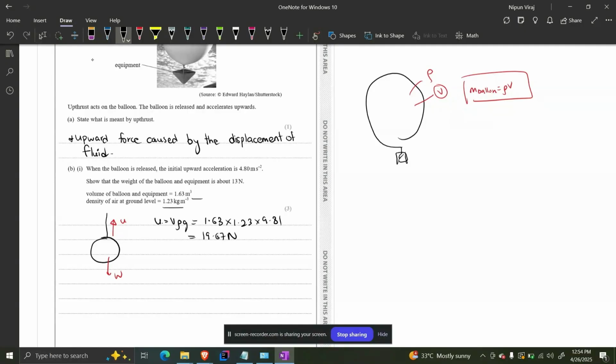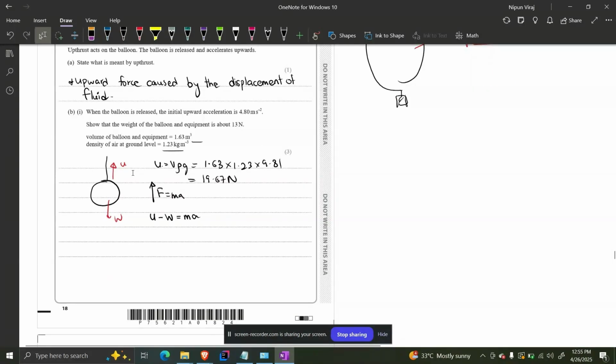Okay, 19.67. And then we can say F equals ma upwards. So upthrust minus weight is equal to ma.